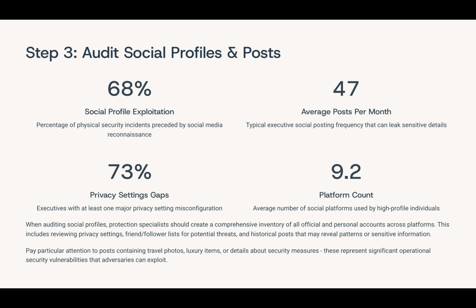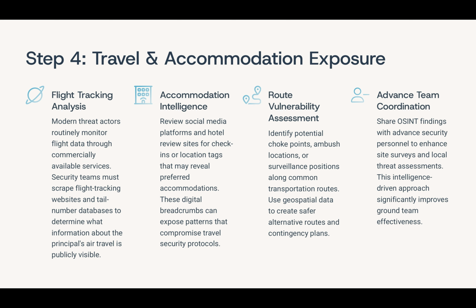These are common operational security weaknesses. Adversaries often leverage this type of information to plan targeting, so identifying and addressing these exposures is a key responsibility for any protection team.